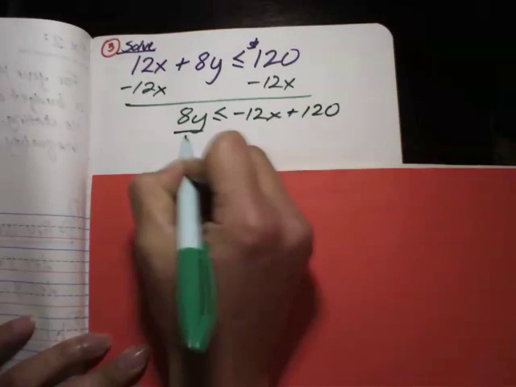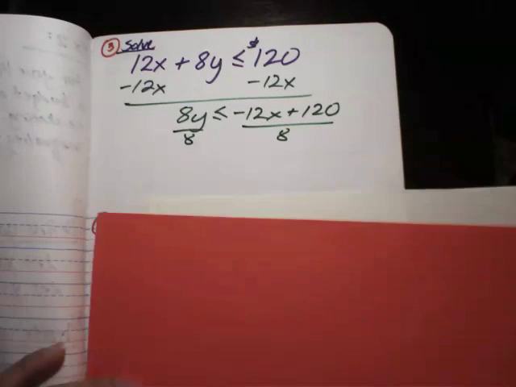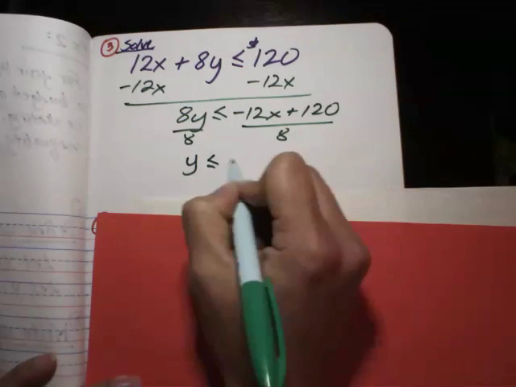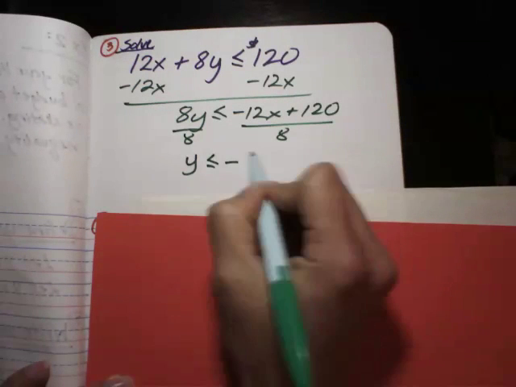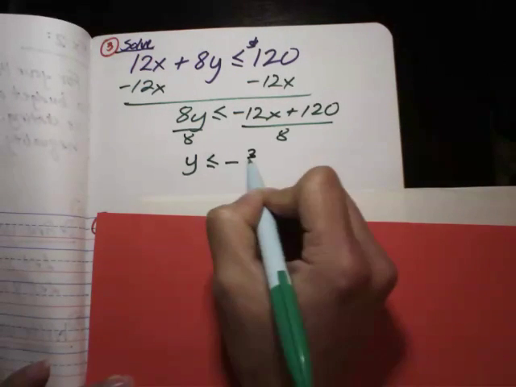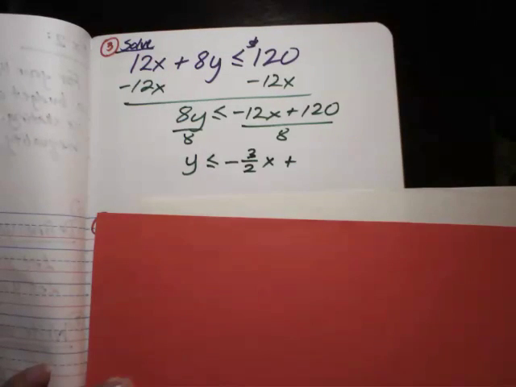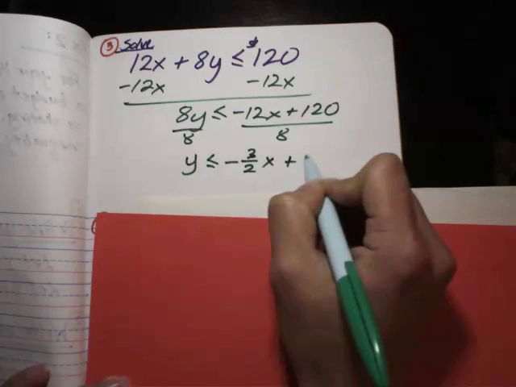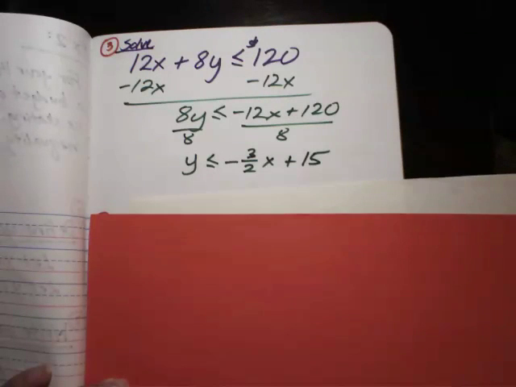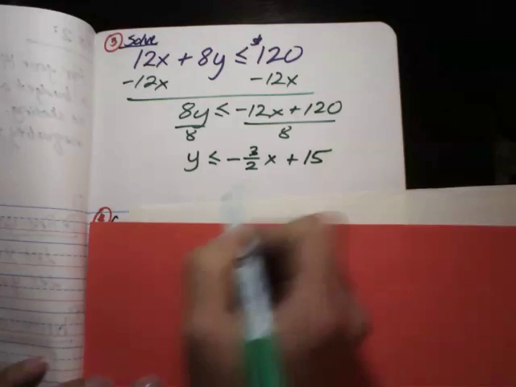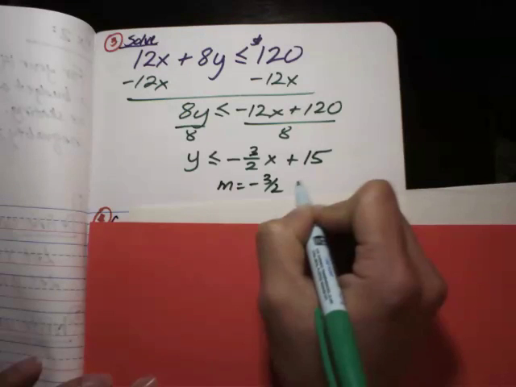Dividing by 8, y will be less than or equal to negative 12 eighths, reduced to 3 halves, x plus 8 goes into 120, let's see, 15 times. So here is our inequality. We have a slope of negative 3 halves, and we have our y-intercept at 0, 15.